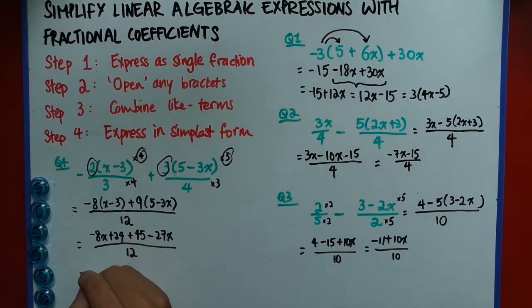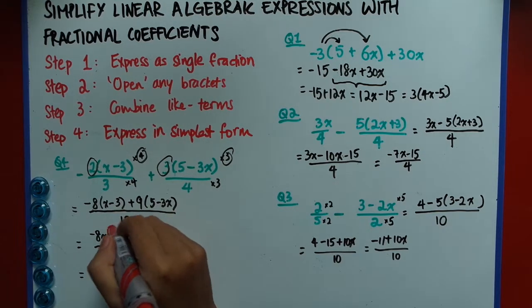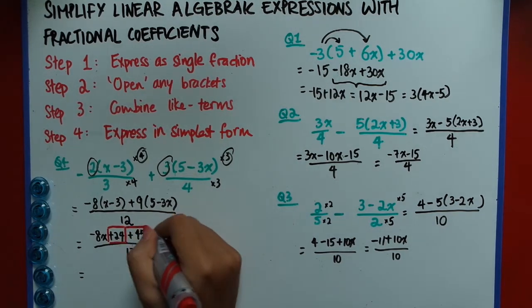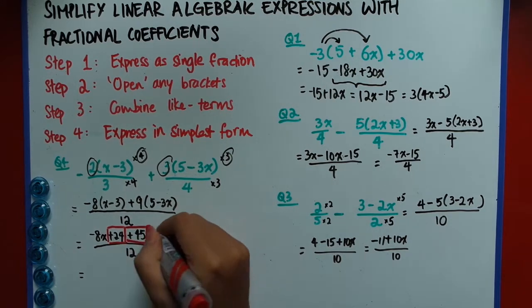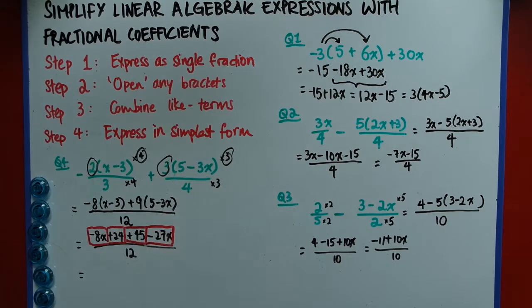Now all we have to do is combine like terms. So 24 and 45 go together. Just in case you get a little bit confused, I will make it clear: the sign is always before the number. Some of you might not be very clear on this, so I'll draw it out for you.